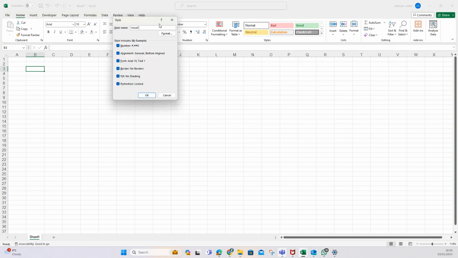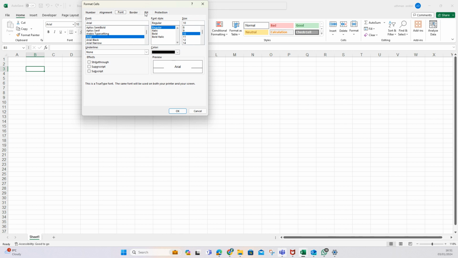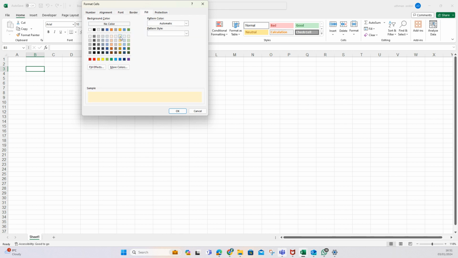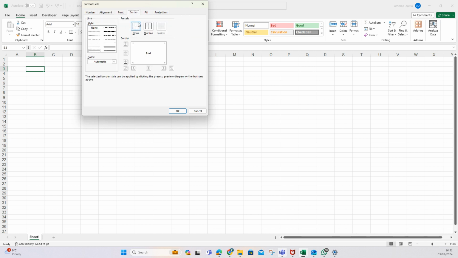I'm gonna name this input style. Fill. Border. Select the border.